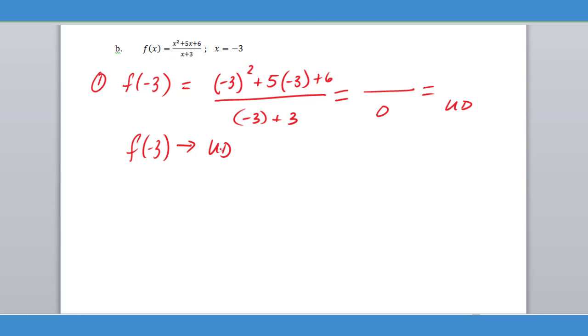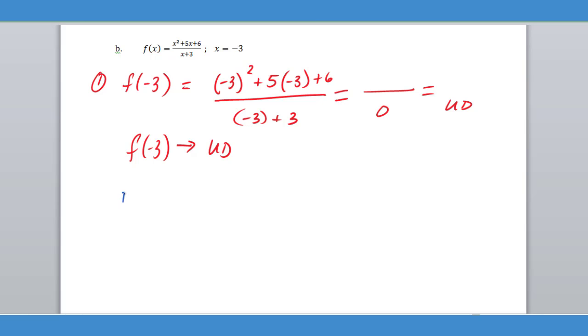Now, we haven't passed the first test of continuity here because it's not defined at x equals -3, so it can't be continuous at -3. At x equals -3, it's discontinuous.